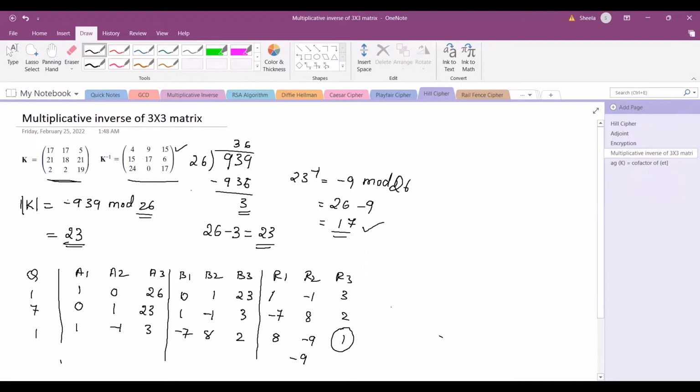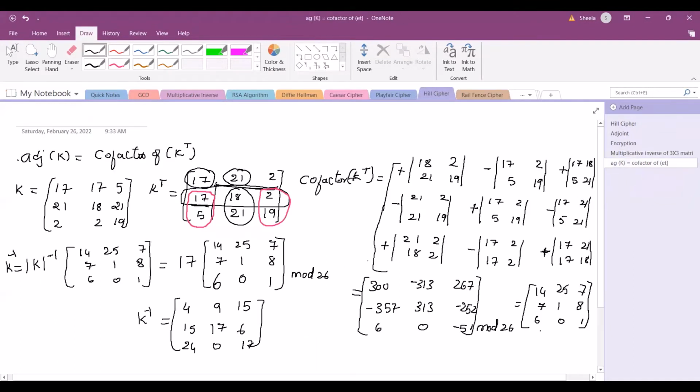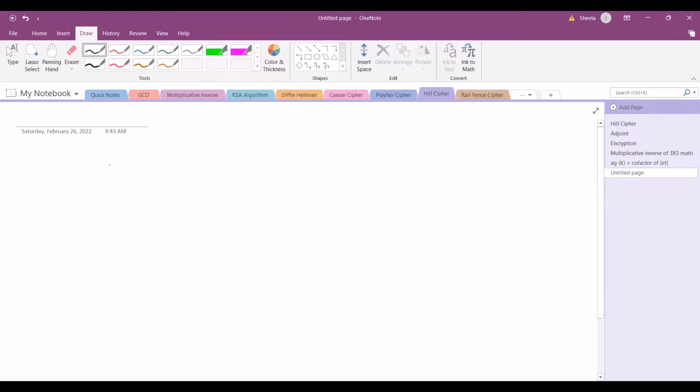So in order to do encryption, what do we have to do? Previously, when we took the key matrix as a 2 cross 2 matrix, we considered only 2 columns and more rows. But when we have a 3 cross 3 matrix, we have to divide the message into 3 columns. That is, plain text as P, A, Y, M, O, R, E, M, O, N, E, pay more money.